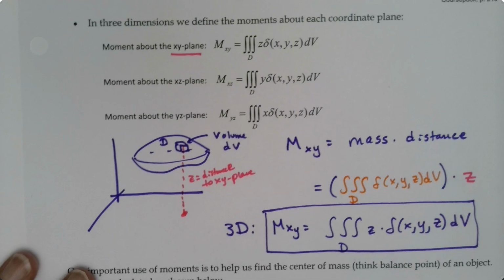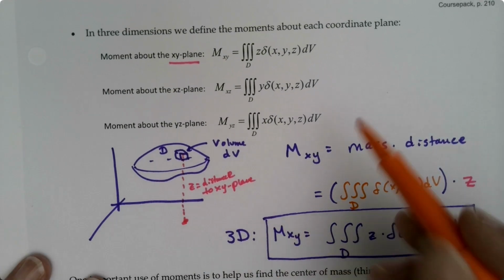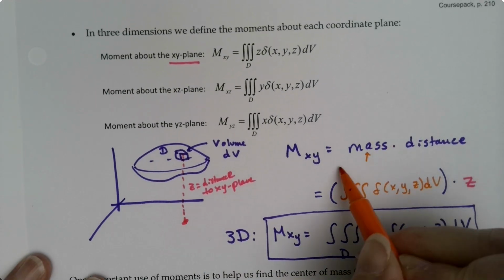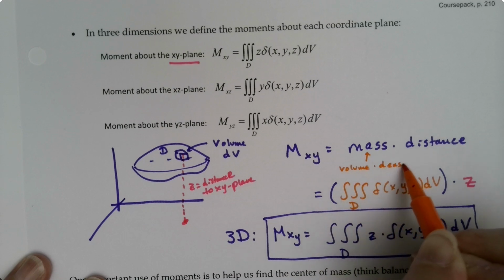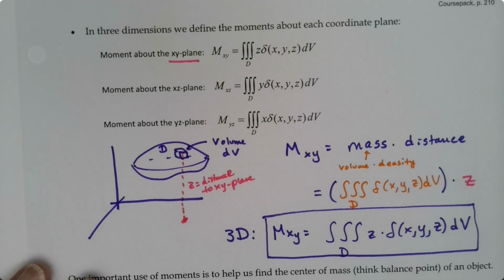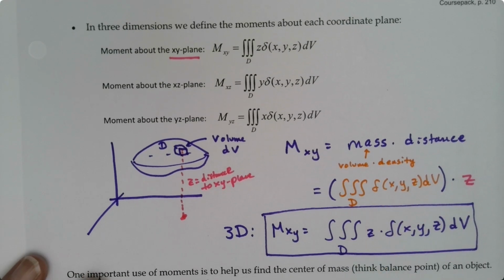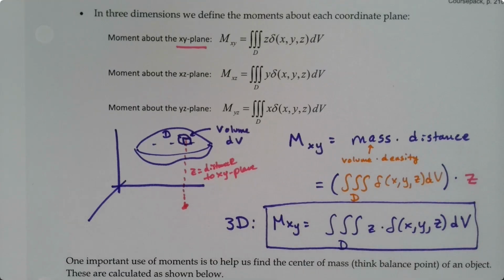Oh, and in case this wasn't clear, the reason this is happening is mass is volume times density, right, roughly. But of course it's varying, so we have to use calculus to find it. We have to use integration. We can't just use multiplication. Similarly, on the previous one, when we did it, oh, hold on, I lost my page.